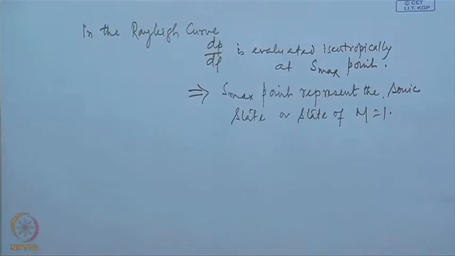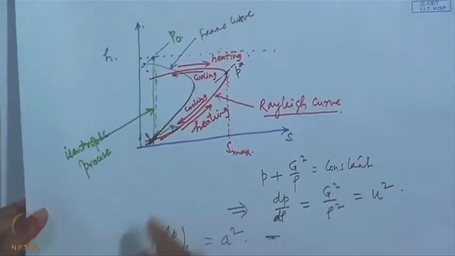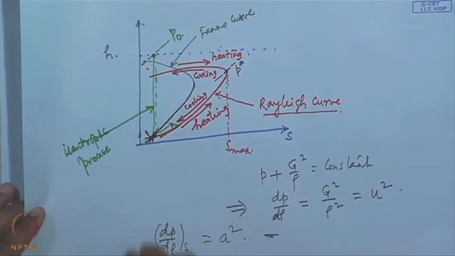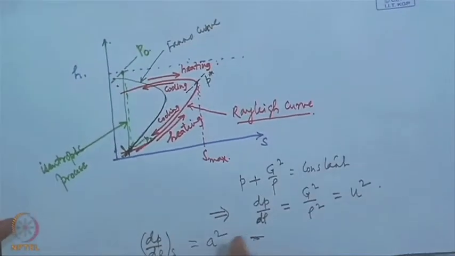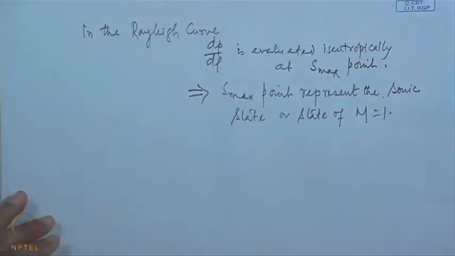Now, if we consider the state at point 1, the beginning state, from here Mach unity can be reached in several ways.